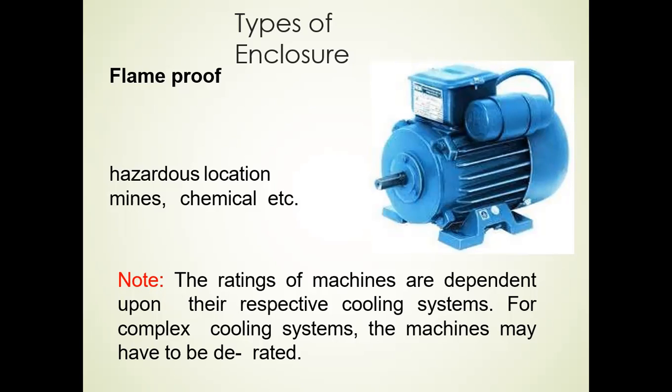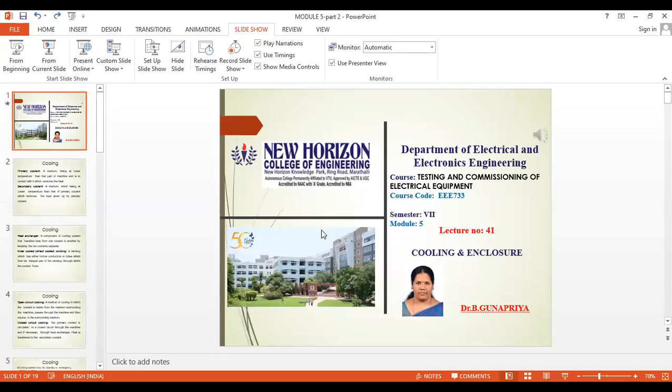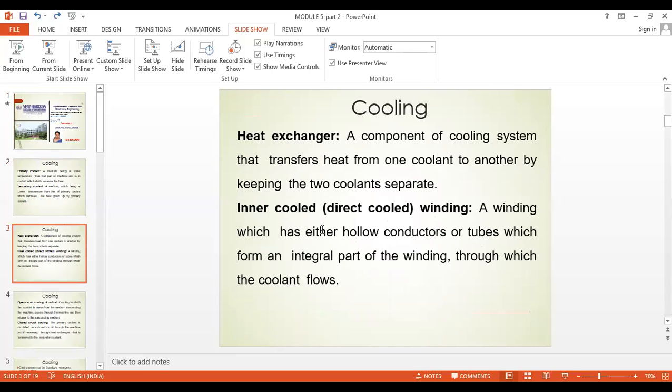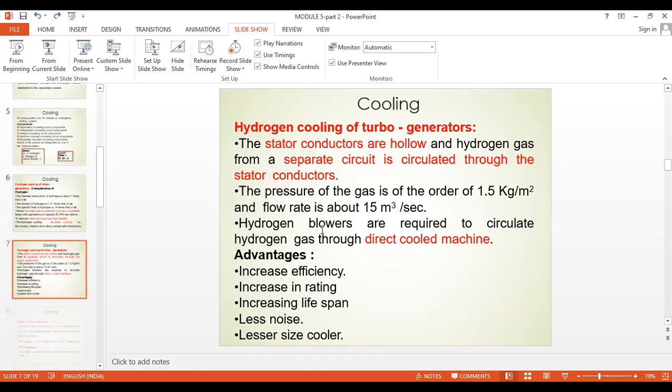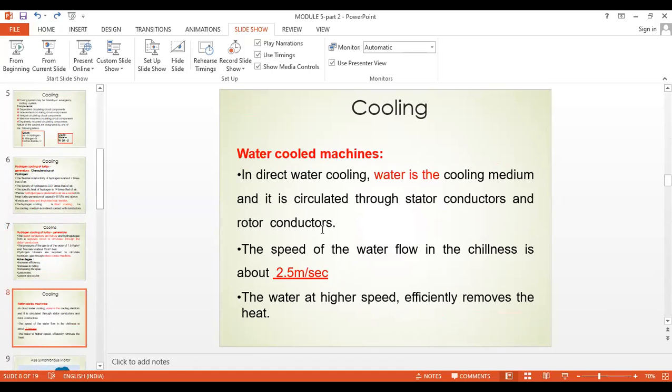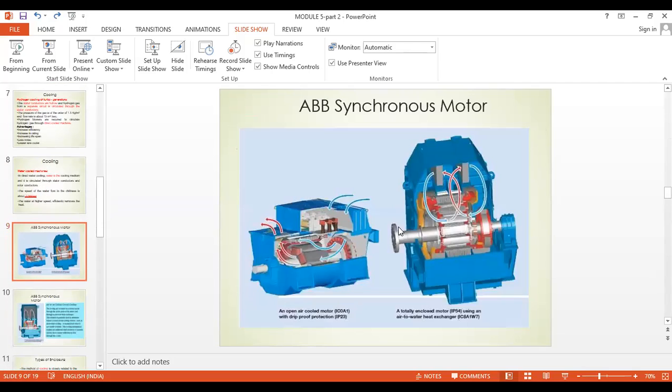So these are all about our protection, enclosure and coolant system. Okay. The cooling system, what are the types of cooling system, and the types of flow also we have seen.